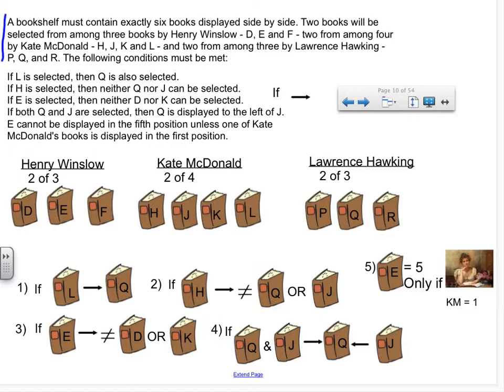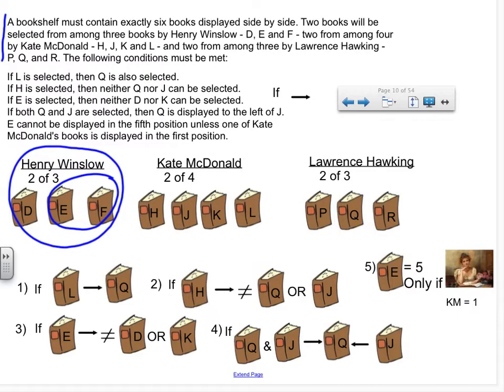For the first part, we have Henry Winslow, who wrote the books D, E, and F, and we must select 2 out of the 3 books from Henry Winslow. So it doesn't matter which 2, you just need 2 out of the 3. It could be D and E, it could be D and F, or it could be E and F.